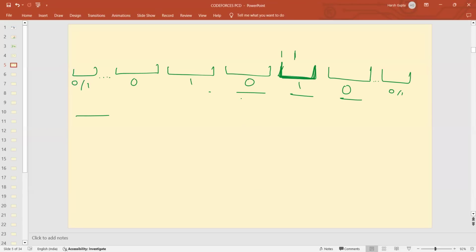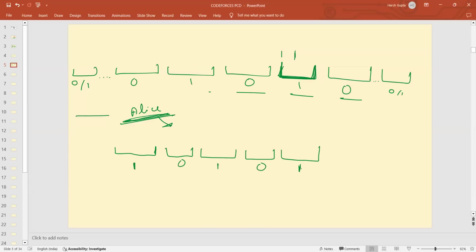Okay. Now, if you observe and think a bit, you will be able to come to the conclusion that, okay, if I have something like this, that I am starting with one, that is, I have some ones at the start, then I will definitely have some zeros, then I will have some ones, then I have some zeros, and I end at one as well.